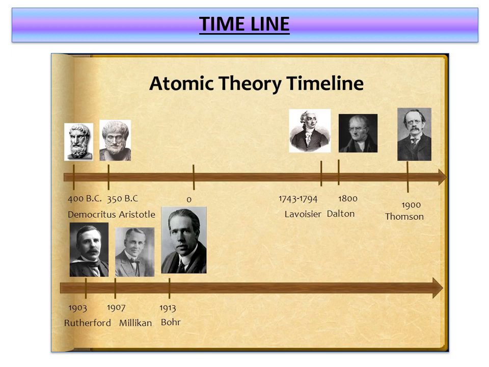If you see the timeline of atomic theory, in 400 BC it is Democritus, 300 BC Aristotle. Already we have seen about Aristotle. And Lavoisier. Next, in 1800, Dalton. From Dalton we have studied. Hope you remember. Then Thomson in 1900, Rutherford in 1903, and the Millikan experiment in 1907.